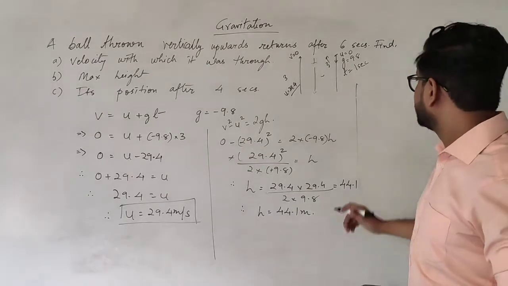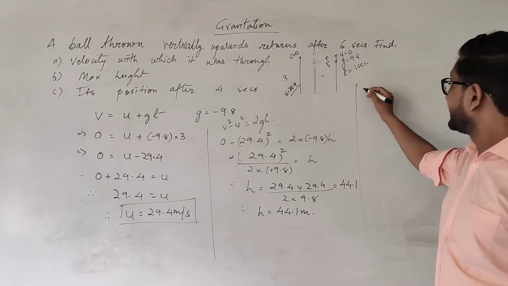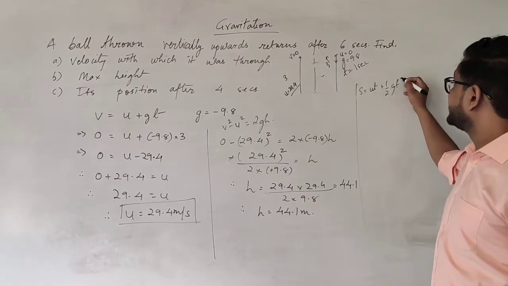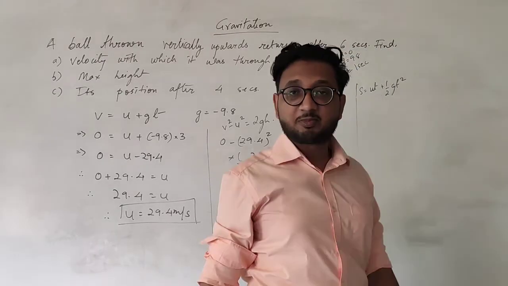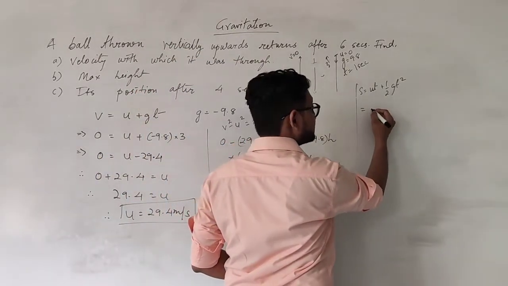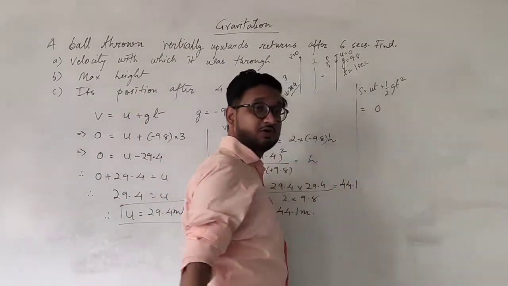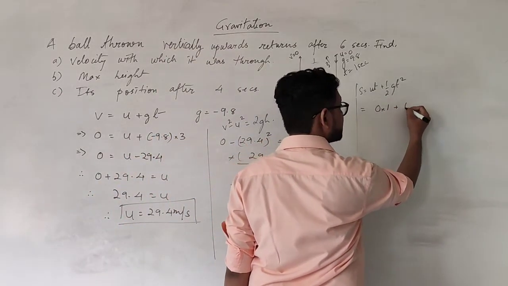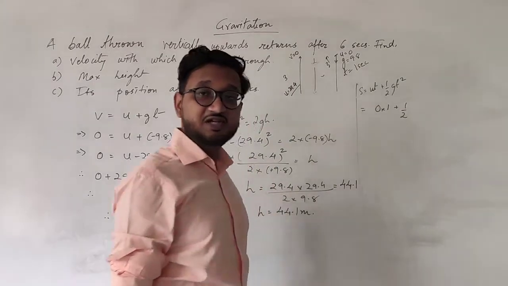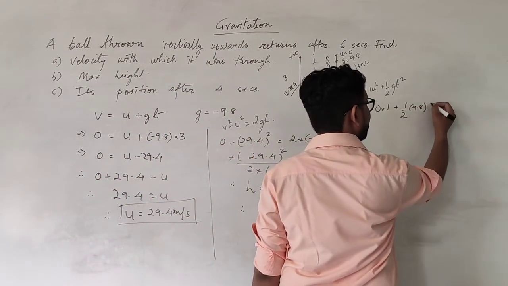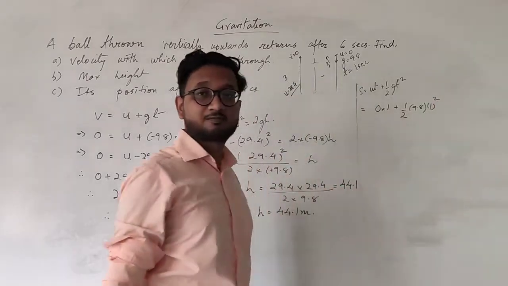Okay. Now simply apply the formula, that is S is equal to ut plus half g t square. When you apply this formula, just substitute the values. That is, initial velocity is 0, time is 1 second, so multiplied by 1, plus half, g is 9.8, and time is 1 square.